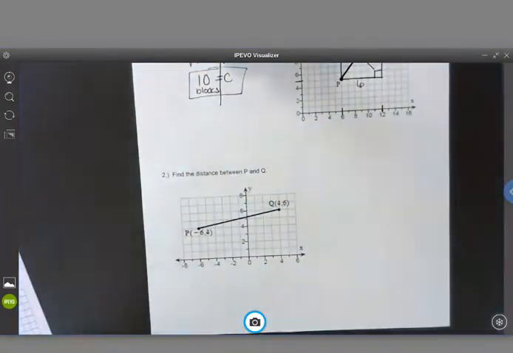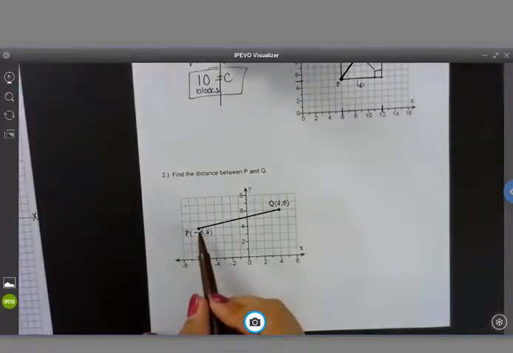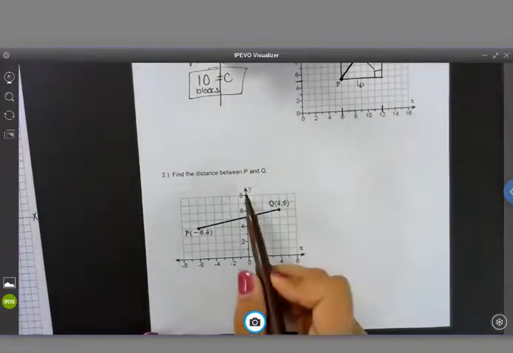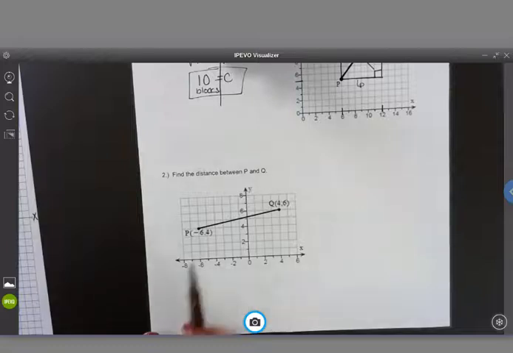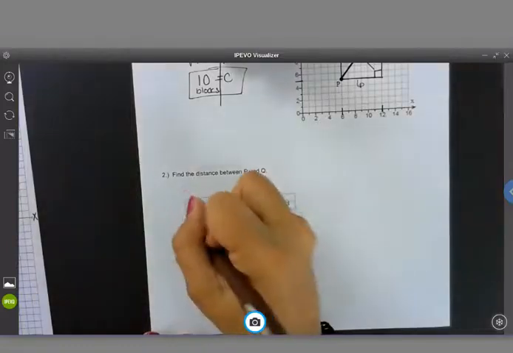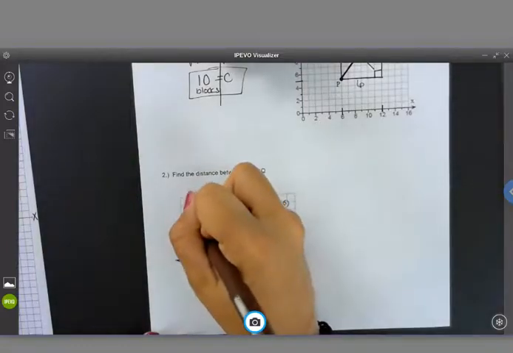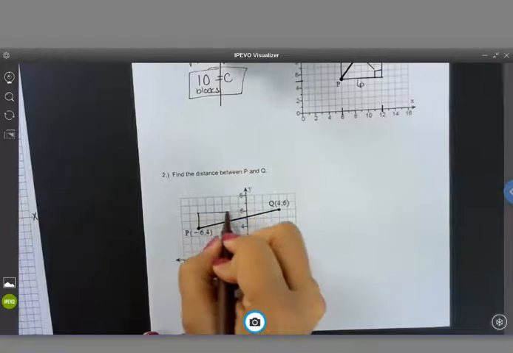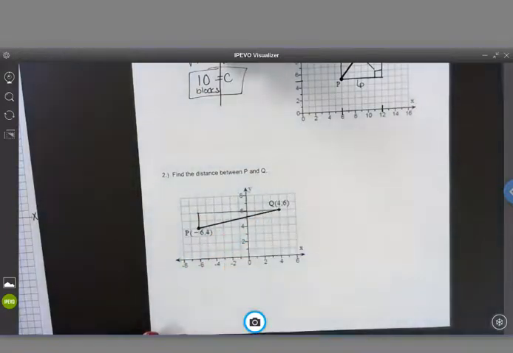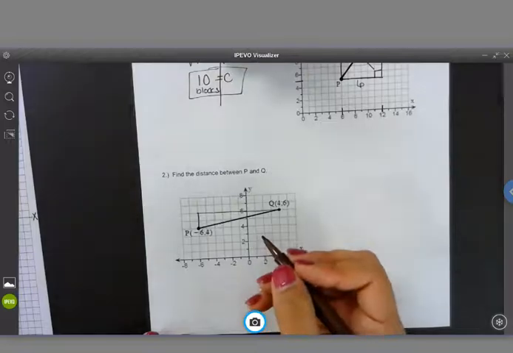Now it doesn't matter where on a coordinate plane these points are located. Like you notice on this one, we're over here into the negative numbers on the left-hand side for point P. That doesn't matter in terms of when we go to count our triangles, because we're only talking distance, and distance can never be negative.